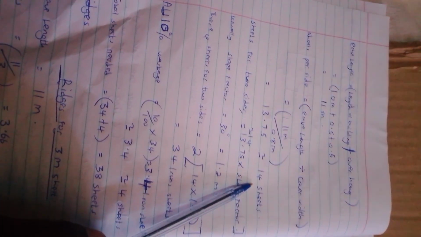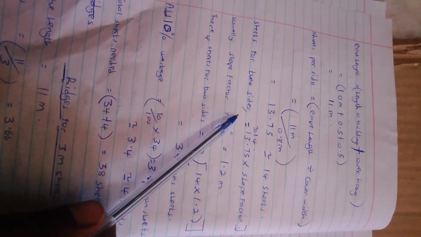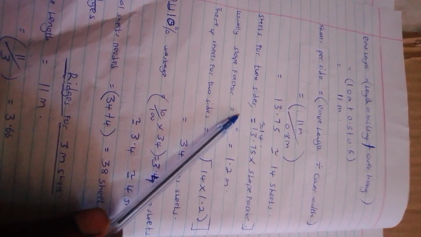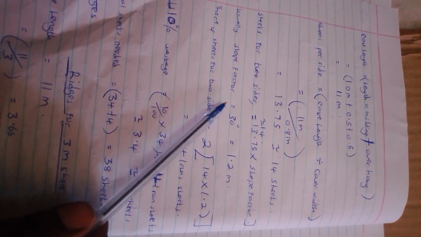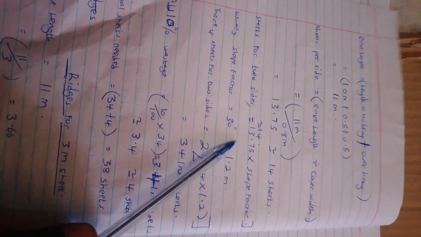If we want the sheets for two sides, we multiply 14 by the slope factor. The slope factor is got from the slope you are using. Usually you use a 30 degree slope, others use 25, but the common one is 30, and the slope factor for 30 is 1.2.